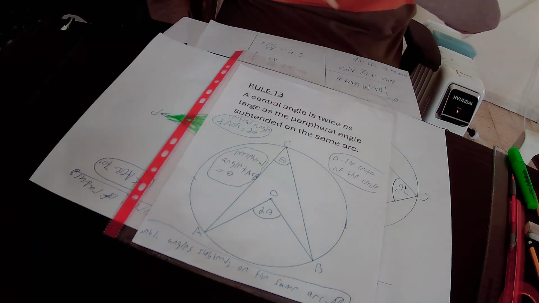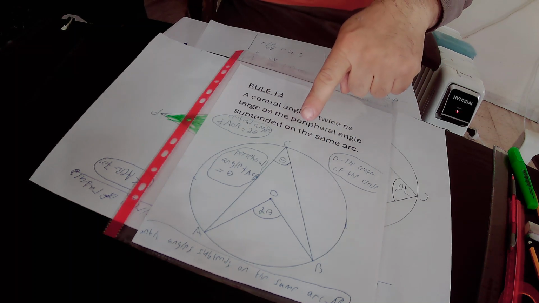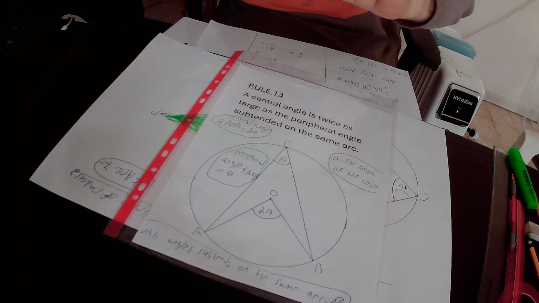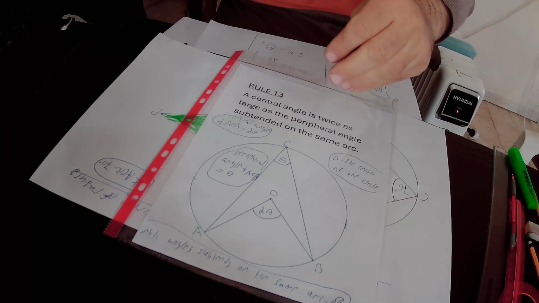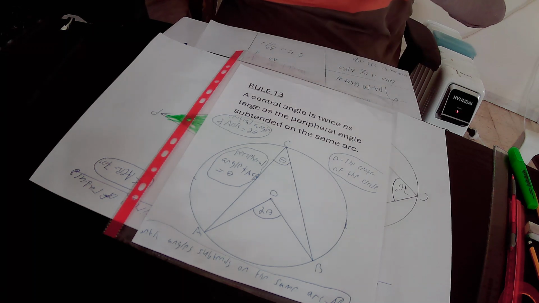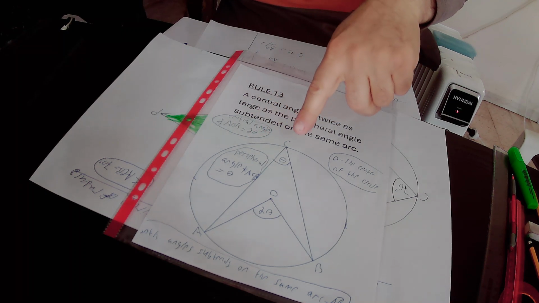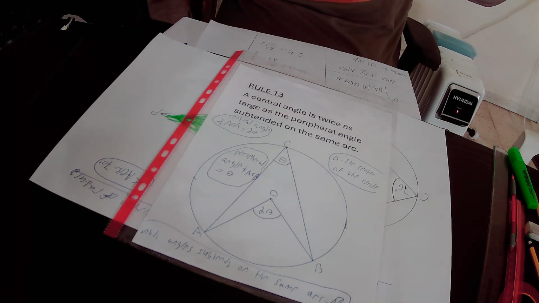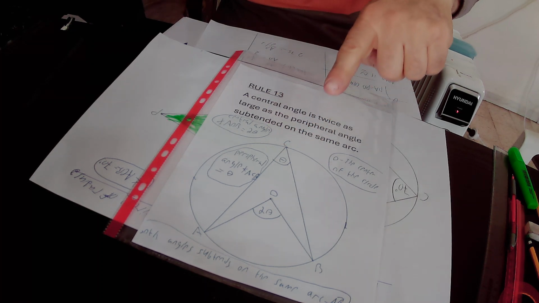Therefore, the central angle must be twice as large as the peripheral angle that is subtended on the same arc. And if the size of peripheral angle ACB is theta, then the size of the central angle AOB that is subtended on the same arc, arc AB, will be 2 theta.